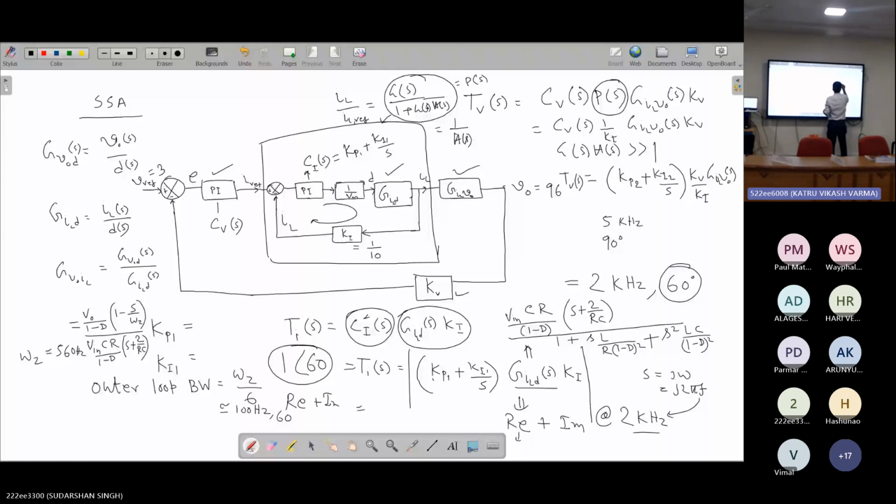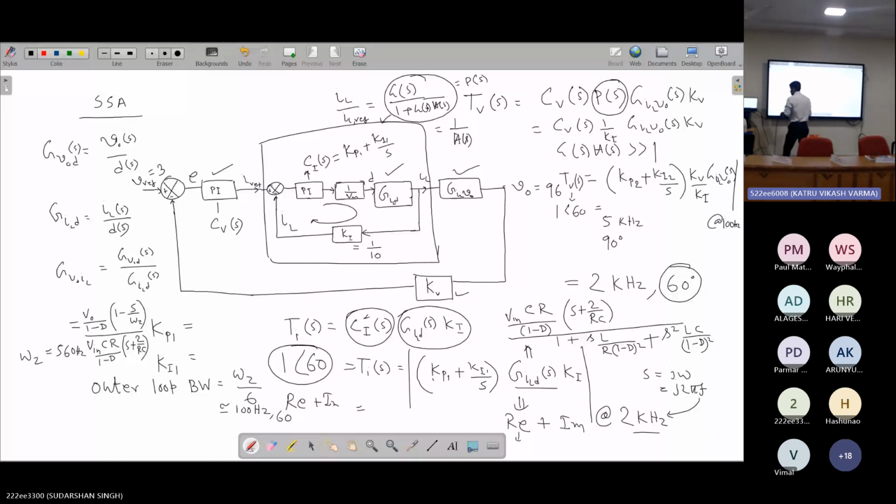So the loop gain T(s) magnitude is now basically 1 and the phase is 60 degrees, and we are evaluating this transfer function at 100 hertz. Again, if we evaluate, we have a real part and an imaginary part containing Kp2 and Ki2. So we have two equations, two unknowns, and we can find Kp2 and Ki2. As I have already said multiple times, this is one of the tuning rules that we have used, using the closed loop bandwidth and phase margin specification. But you can use your own rule and tune it yourself.